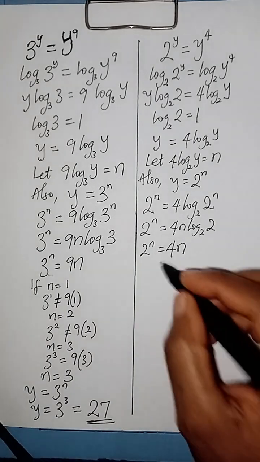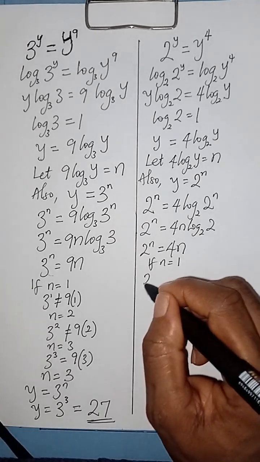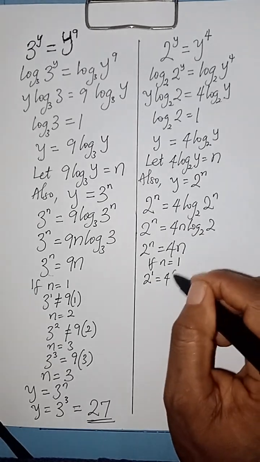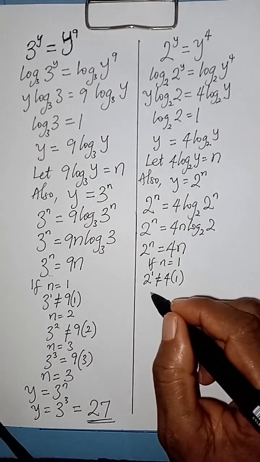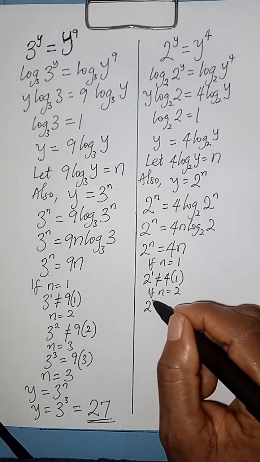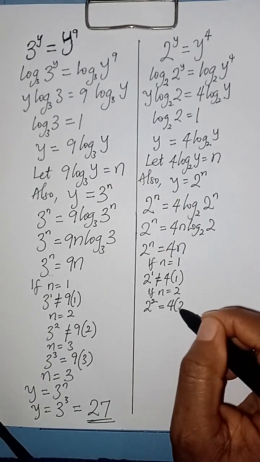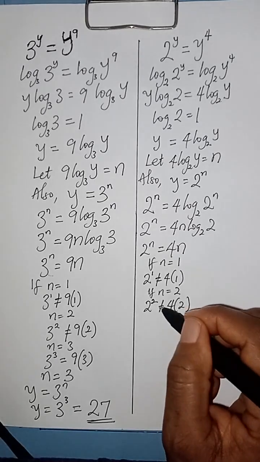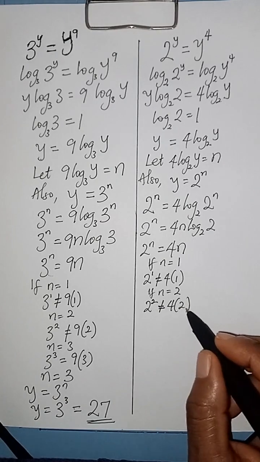So let's apply. If n is equal to 1, 2 raised to power 1 will be 4 multiplied by 1. And that will not be equal. It's wrong. If n is equal to 2, that will give us 2 raised to power 2, which is 4, and 4 multiplied by 2 is 8.